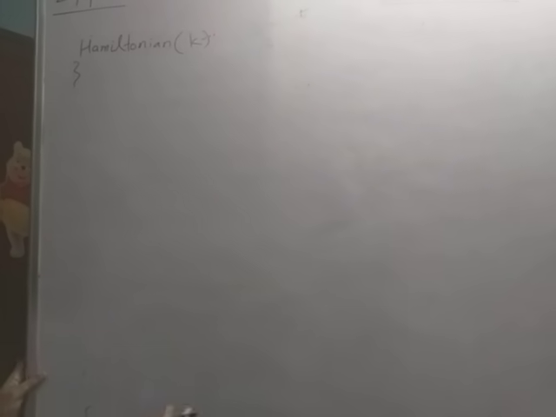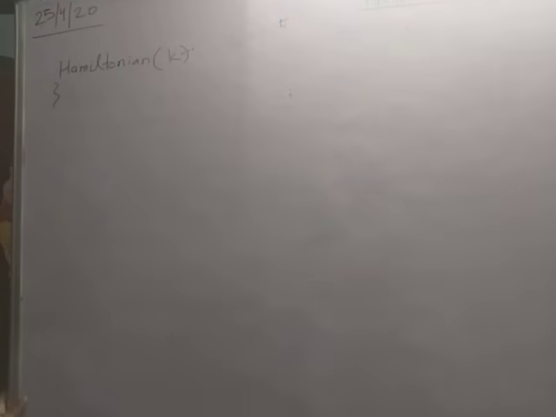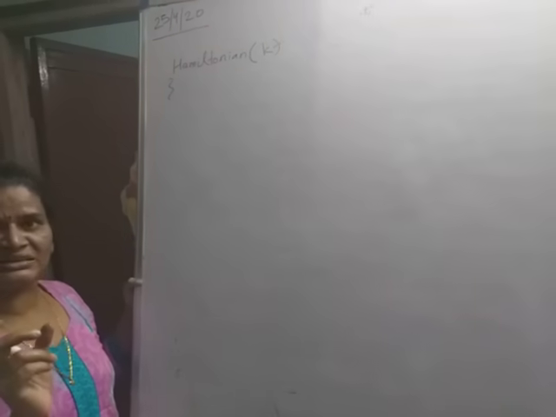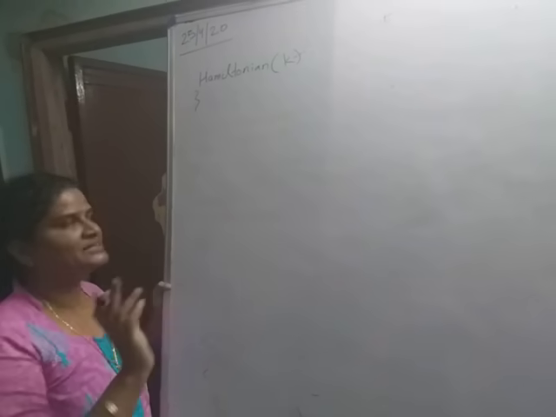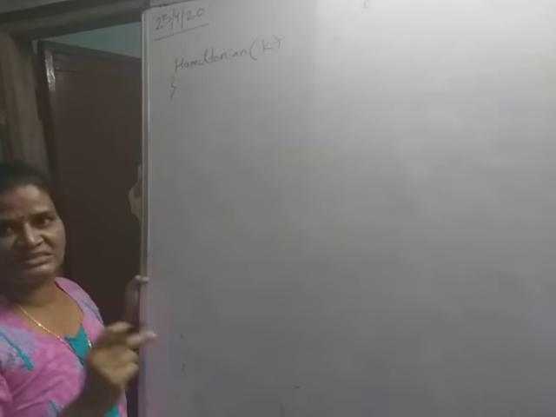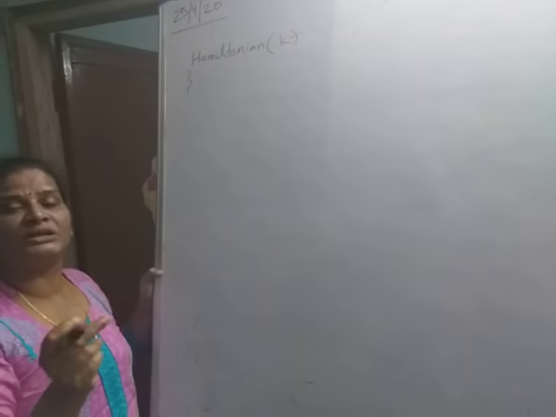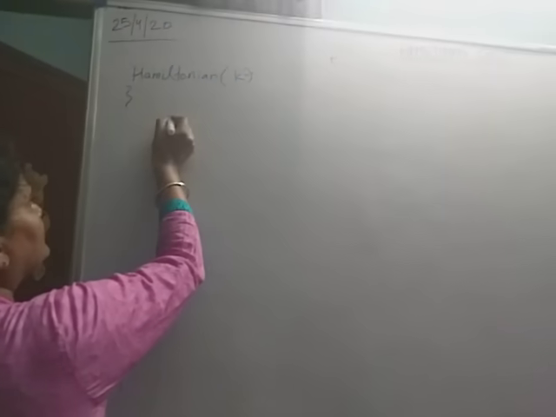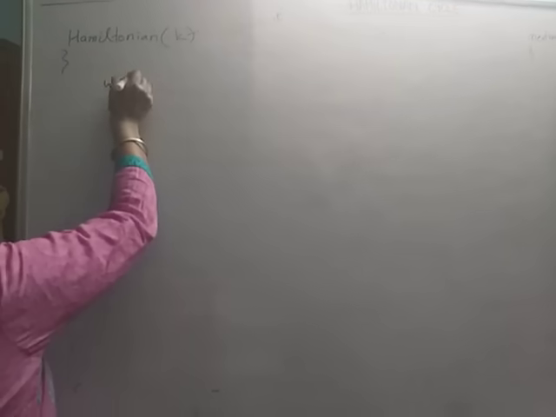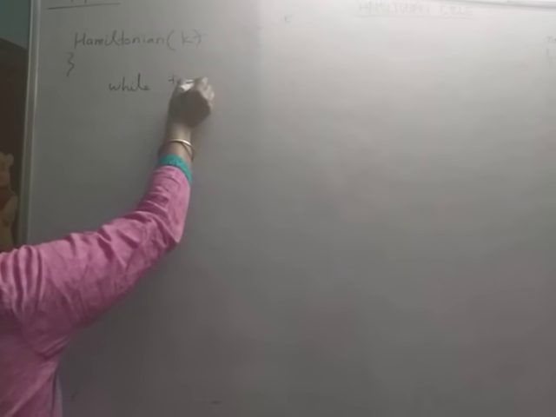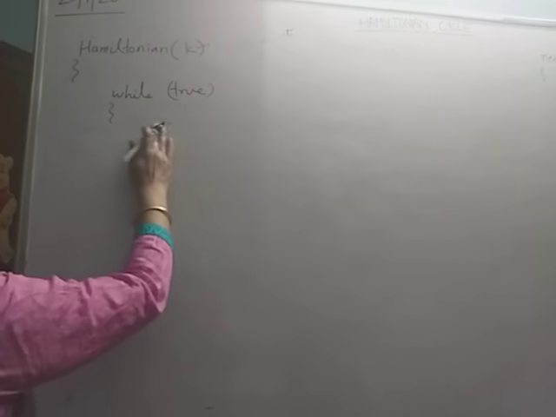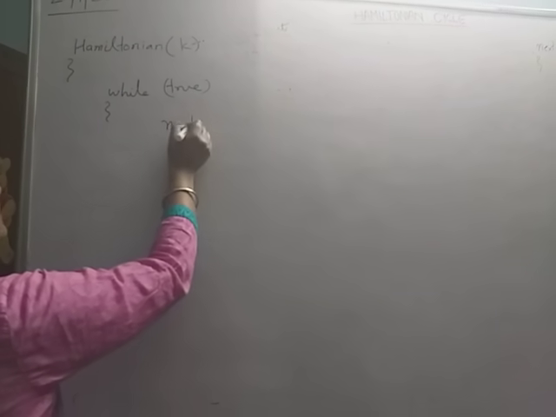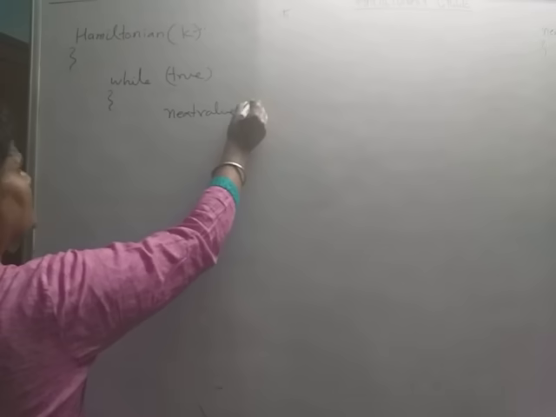From main it is called Hamiltonian 2, because for the first solution vector, the first element I have selected as 1. So I will call this function from the main as Hamiltonian 2. Here, while true, next value k.